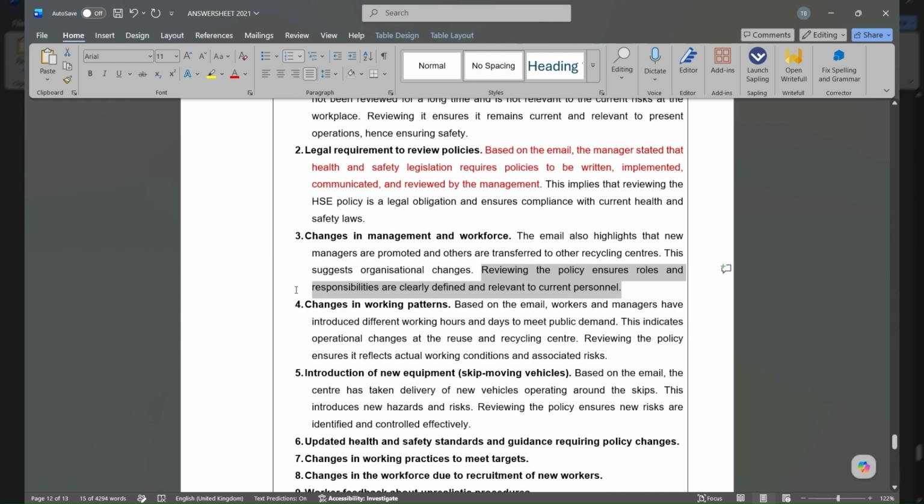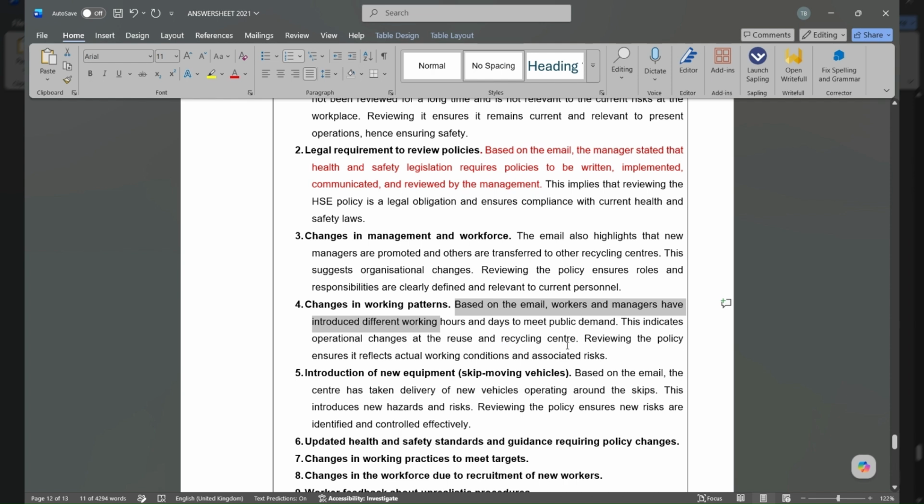Number 4, changes in working patterns. To link this to the scenario, based on the email, workers and managers have introduced different working hours and days to meet public demand. This indicates operational changes at the reuse and recycling center.